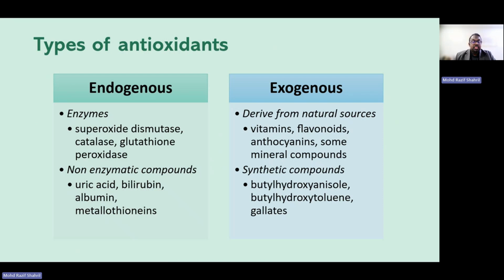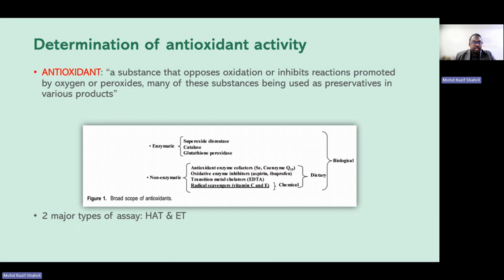Enzymatic antioxidants include primary enzymes like superoxide dismutase, catalase, and glutathione peroxidase, and non-enzymatic antioxidants, which we generally get from our diet, include minerals like zinc, selenium, carotenoids with beta carotene and lycopene, and vitamins A, C, E, and K. Another massive subgroup of non-enzymatic antioxidants is polyphenols, which further branch out into flavonoids and phenolic acids.